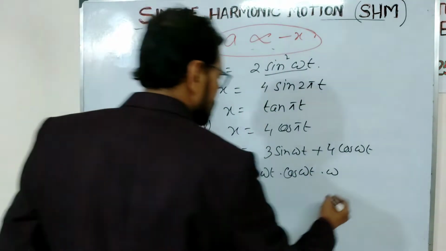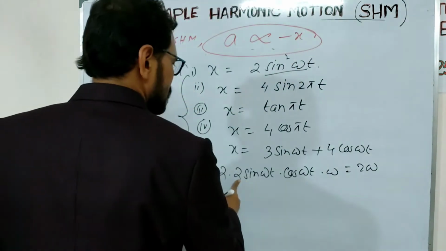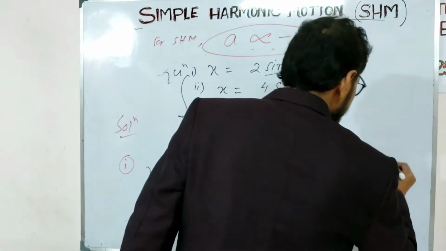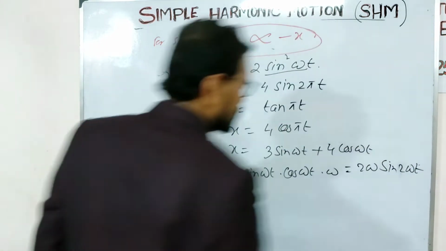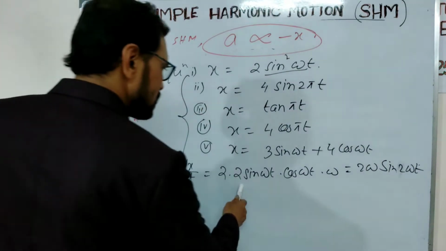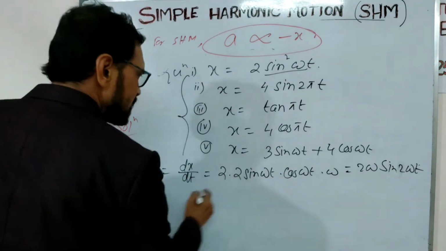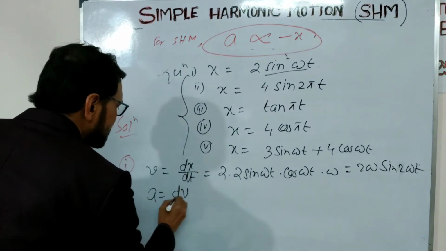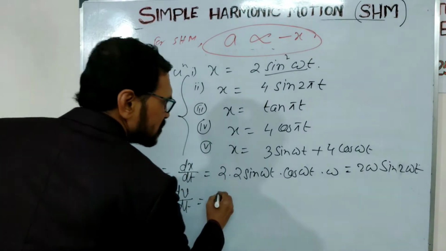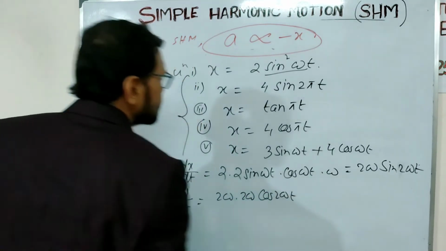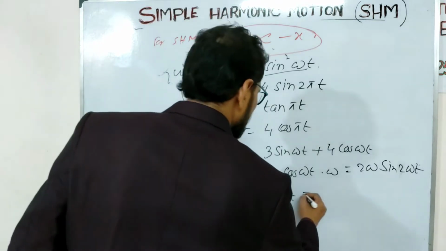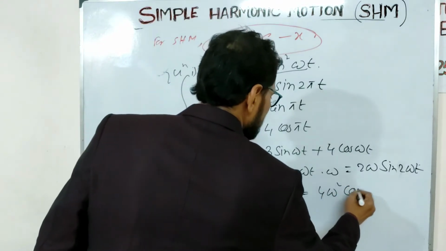So that is omega sin 2 omega t. Now this is velocity. So acceleration equals dv by dt, which is 2 omega into 2 omega cos 2 omega t. That is 4 omega square cos 2 omega t.